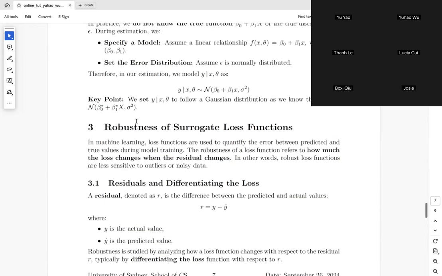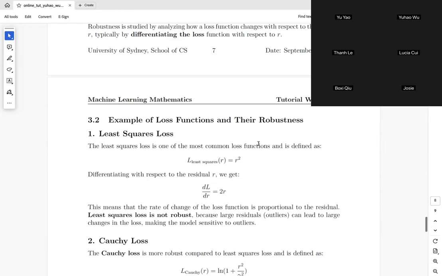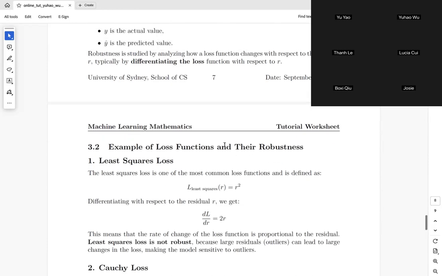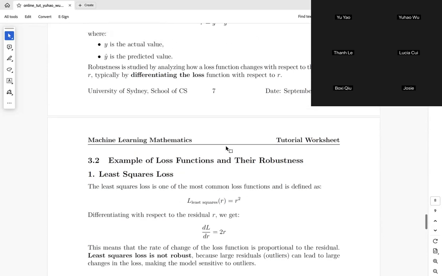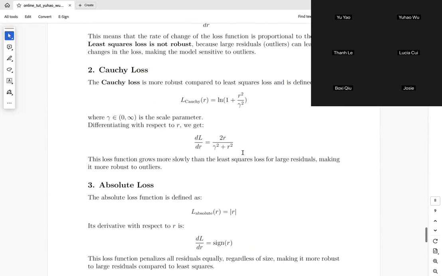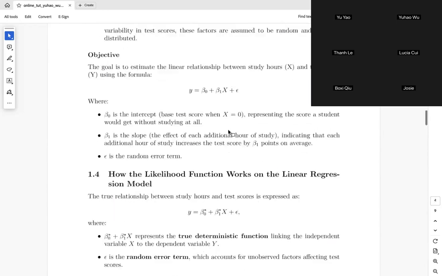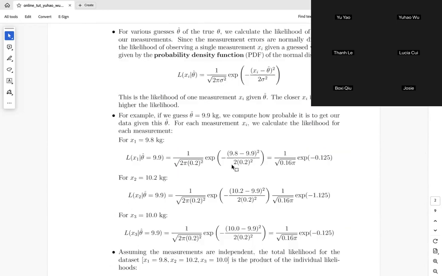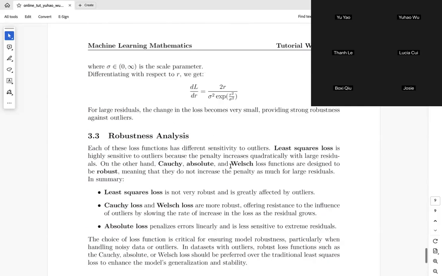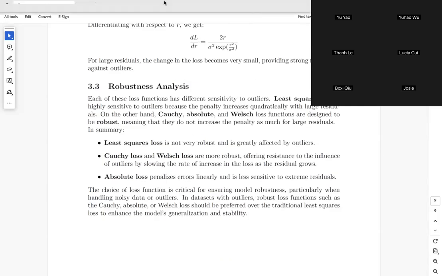And the third is we explain the robustness of the surrogate loss function. This actually measures the change ratio based on a different residual and a different loss function. And we also use some coding, like coding about the maximum likelihood and coding about the robustness.